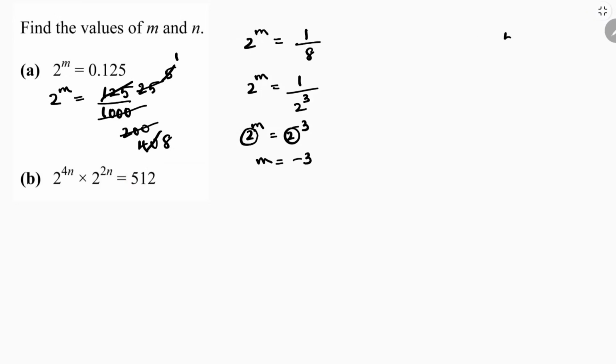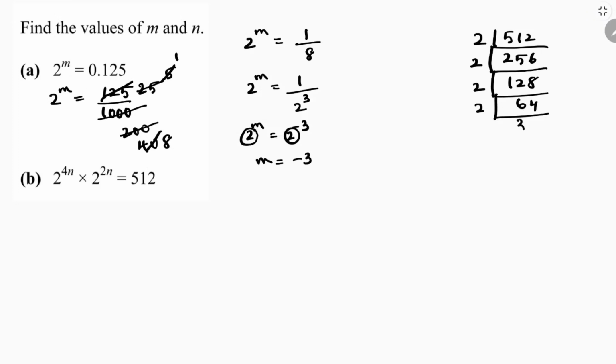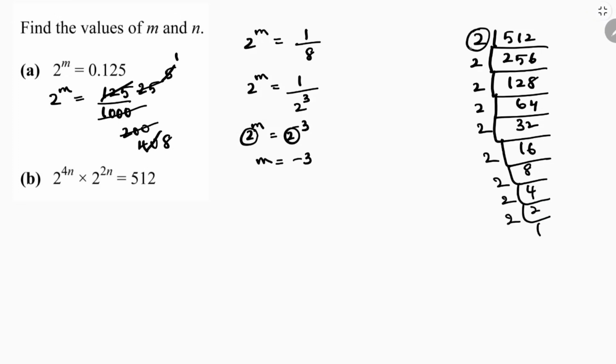I'll calculate the prime factorization of 512. 2 times 256, 2 times 128, 2 times 64, 2 times 32, 2 times 16, 2 times 8, 2 times 4, 2 times 2, 2 times 1. So clearly, count: 1, 2, 3, 4, 5, 6, 7, 8, 9, total 9. So 2 power 9 I can write here.